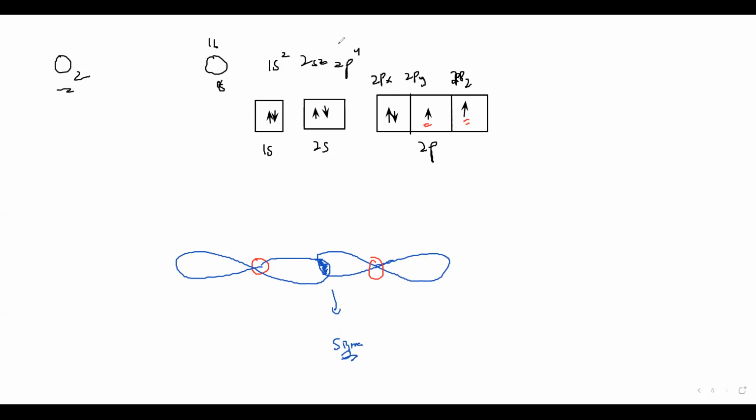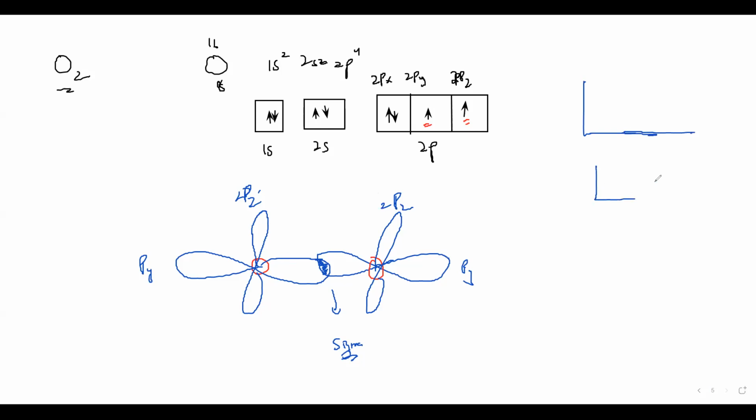But what about pz? So pz will be perpendicular. So pz will be like this for oxygen. This was py, which combined with each other. But pz, because the y and z axes are always 90 degrees, if py combined, pz cannot combine, because they are always 90 degrees.